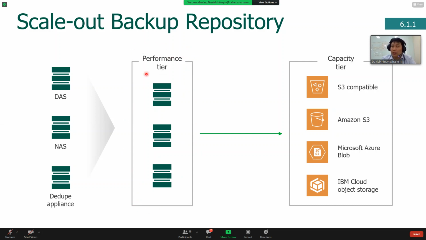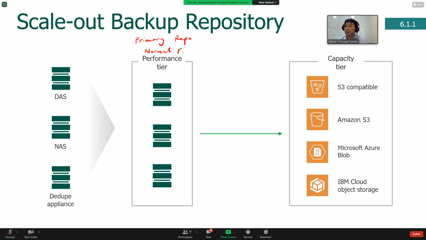Now the performance tier usually will be the normal repository that we have. It's either utilizing DAS, NAS, or the DDoS appliances, whereby this performance tier will usually be your primary repository, and this tier supports the normal repository component.